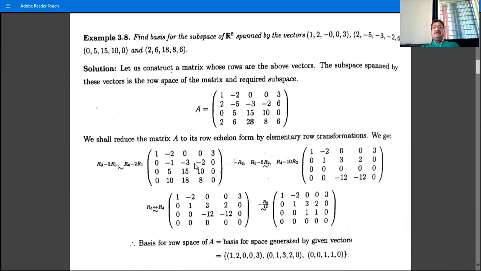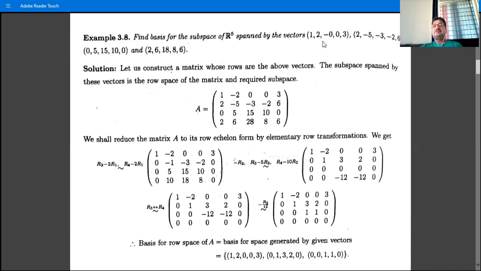Find the basis for the subspace of R⁵ spanned by these 4 vectors. The subspace spanned by these vectors is nothing but the row space of the matrix A. That is, the first vector is the first row, the second vector is the second row, the third vector is the third row, and this is the fourth row, and form the matrix, suppose A. Now we have to find the basis for the subspace of R raised to 5 spanned by these four vectors.